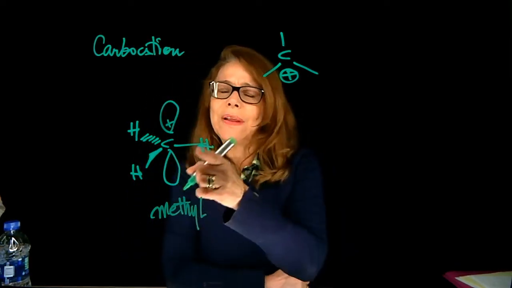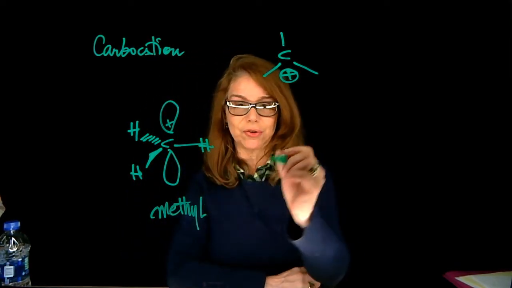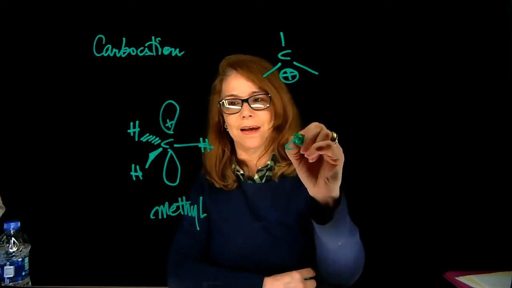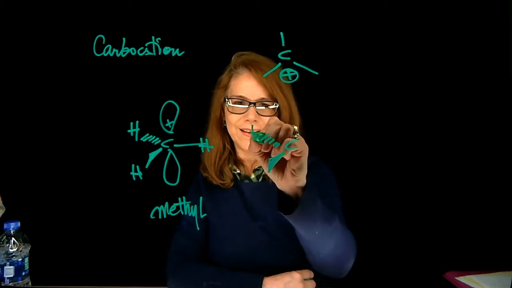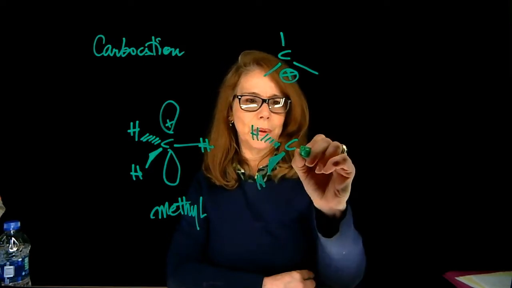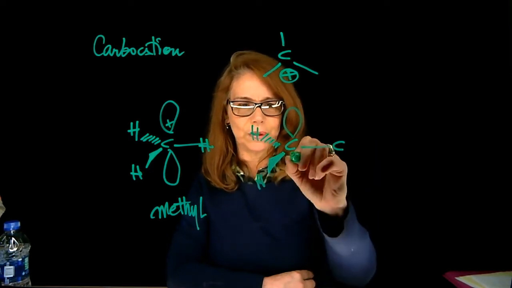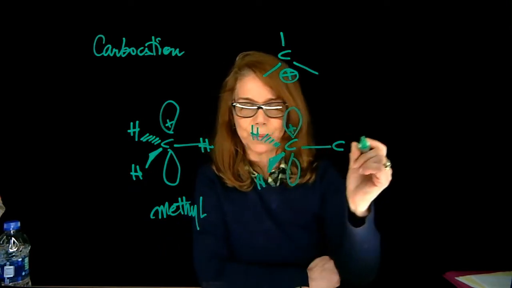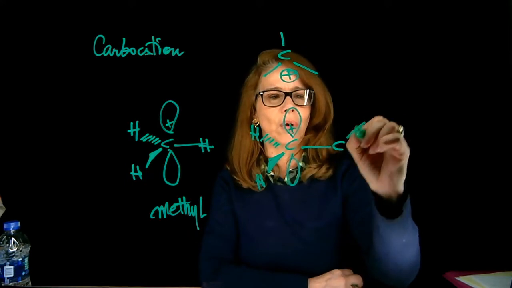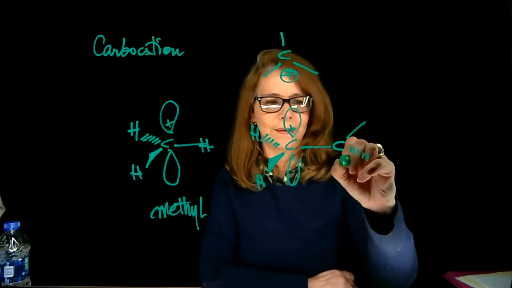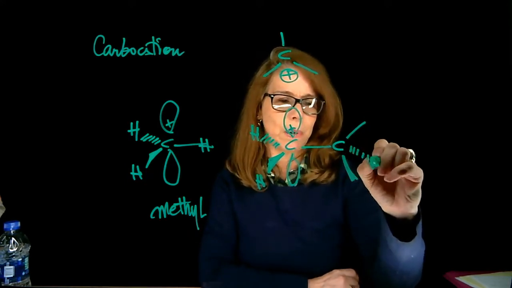Now let's replace one of the hydrogens with, say, a methyl group. So I'm going to keep drawing that. But now, we still have the empty p orbital. And now we have a carbon here, and in this methyl group, 3 bonds to hydrogen.